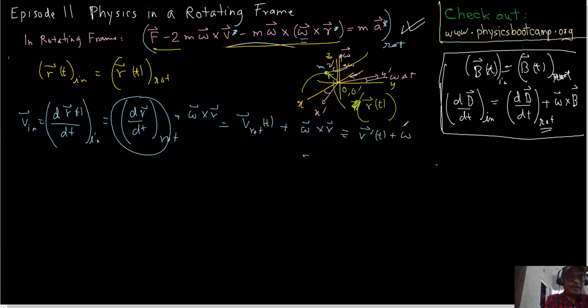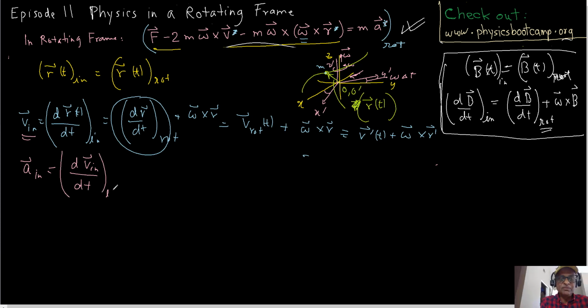Okay, how about acceleration in the inertial frame? That's the one that relates to F equals ma, right? So that's equal to dv inertial, take this guy, take its time derivative, inertial. Well, we have this formula, we can just plug it in there.